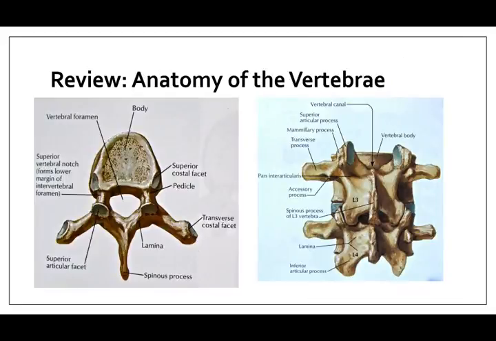If we review the anatomy of the actual vertebrae, this is going to be important, especially when dealing with the surgeries, because a lot of the surgeries are done on the bony anatomy. It's usually because there's arthritis at specific spots, or there's stenosis. Stenosis just means a narrowing of something.